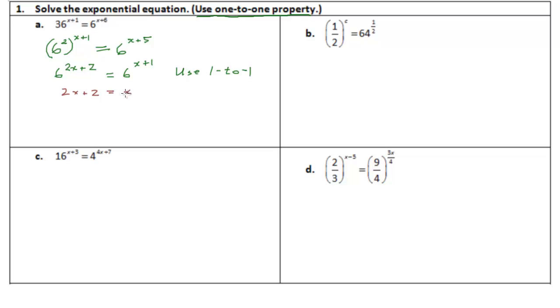So we have 2x plus 2 is equal to x plus 1. Doing a few steps all in one line, I'm going to subtract x from both sides and get x on the left. Subtract 2 from both sides, and I get negative 1 on the right.